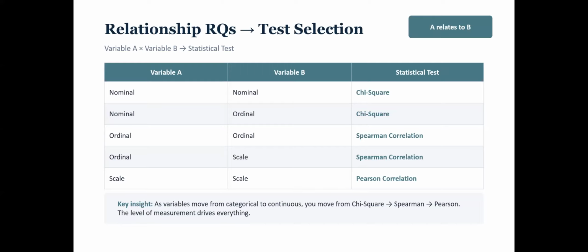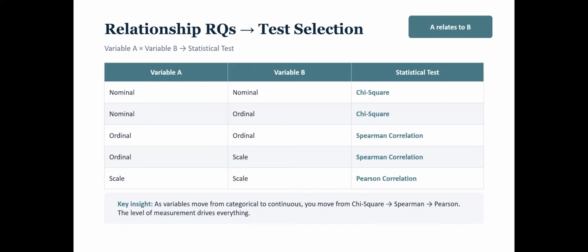So if I'm looking to relate male-female with high and low, or diagnosis or no diagnosis, nominal by nominal, I'm in chi-square land. Moving to the end of the list, if I'm looking at income as a dollar amount and savings as a dollar amount, I can run a Pearson correlation.